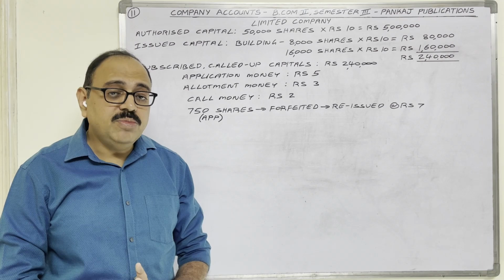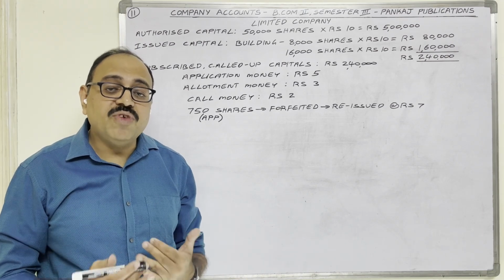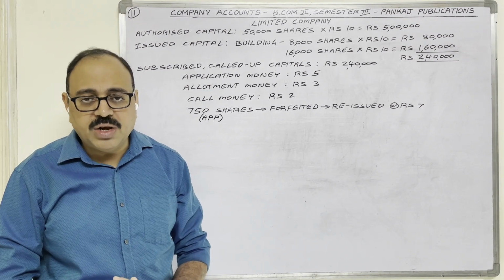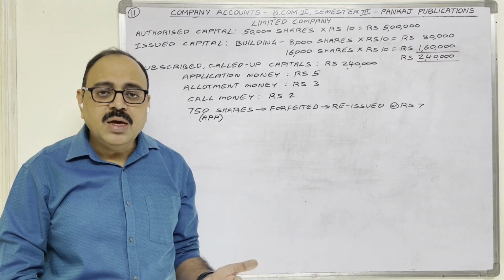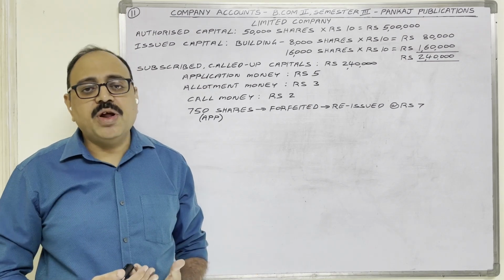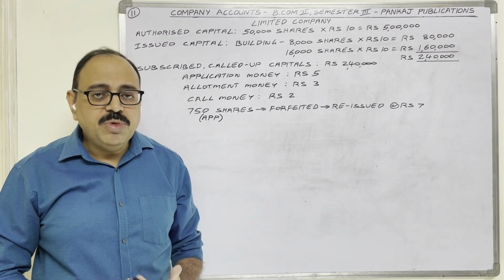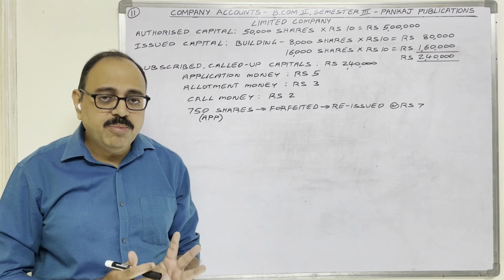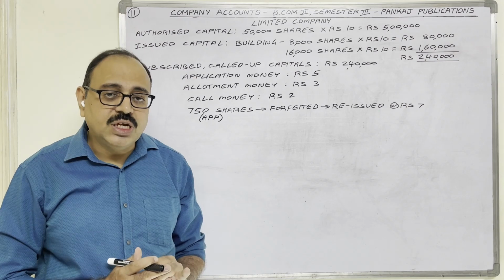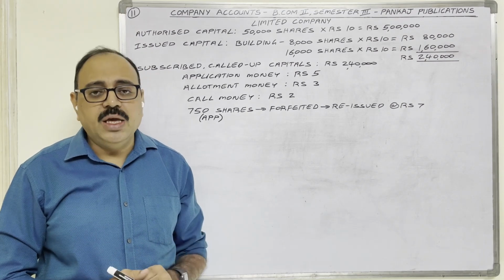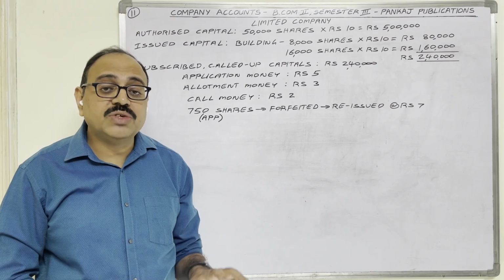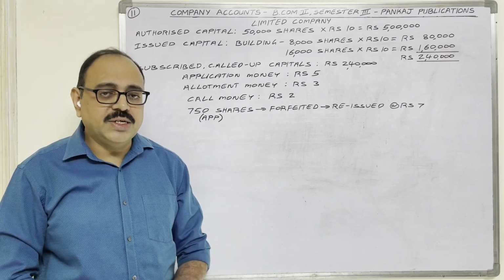Similarly, sometimes the company may take services from professionals, for example from lawyers, and instead of paying money, the company may issue shares. Consideration means some benefit, for example buying a building, getting incorporation services, getting legal services. Instead of paying money, the company is issuing shares to them. This is known as issue of shares for consideration other than cash.